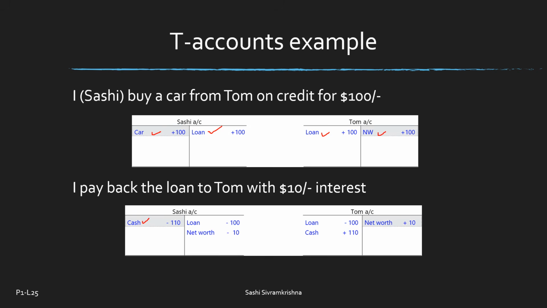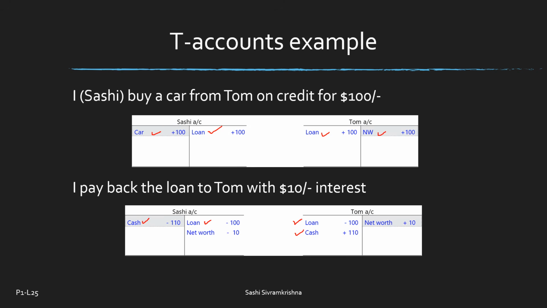At the same time, my liabilities to Tom have now been eliminated since I've repaid the loan, and therefore there's a decrease in liabilities of $100. The cash payment now appears in Tom's T account, showing an increase in his assets by $110. However, at the same time, the loan, which was an asset to him, no longer exists because I have repaid it to him, and therefore it's a decrease in assets of $100.